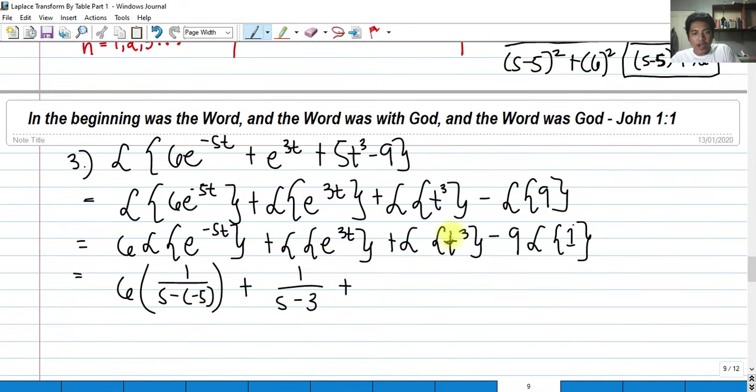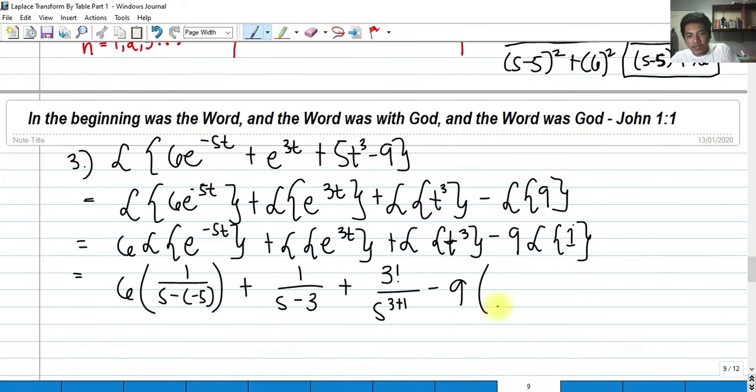Plus we have t raised to a positive exponent, t cubed, so we have to get the factorial, 3 factorial, of our n divided by s raised to 3 plus 1. That's our formula.